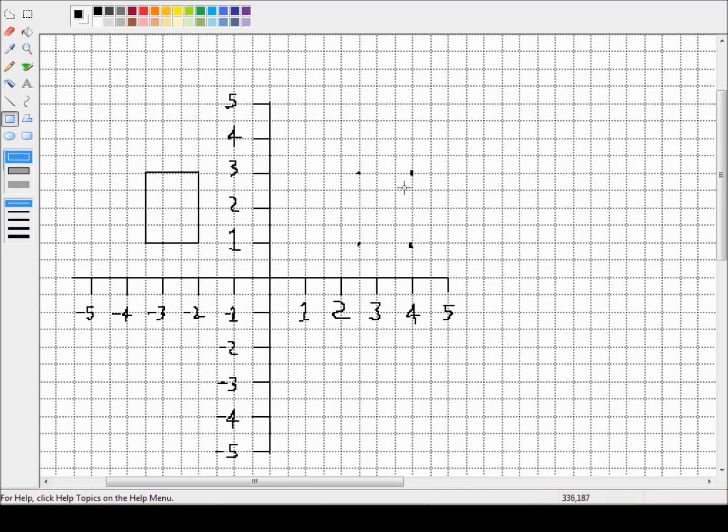So my rectangle should look something like that. So that's translated 6 units across in the x direction, in the positive x direction. So that's just 6 units that away.